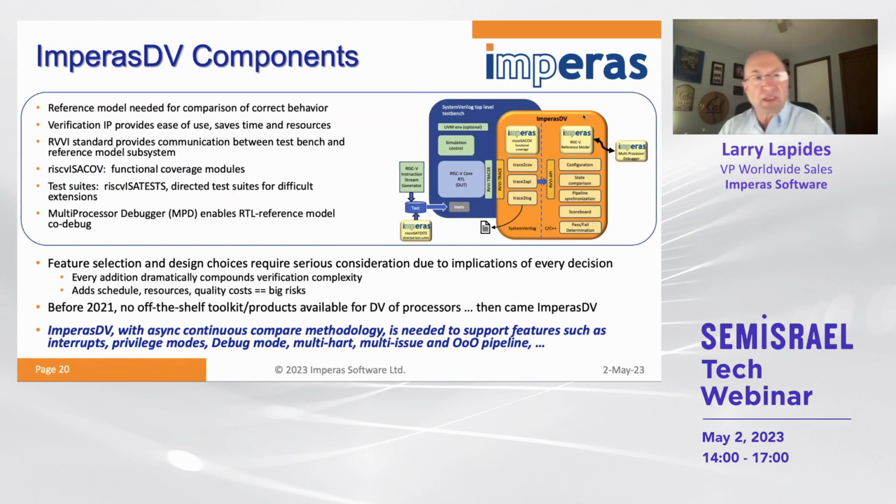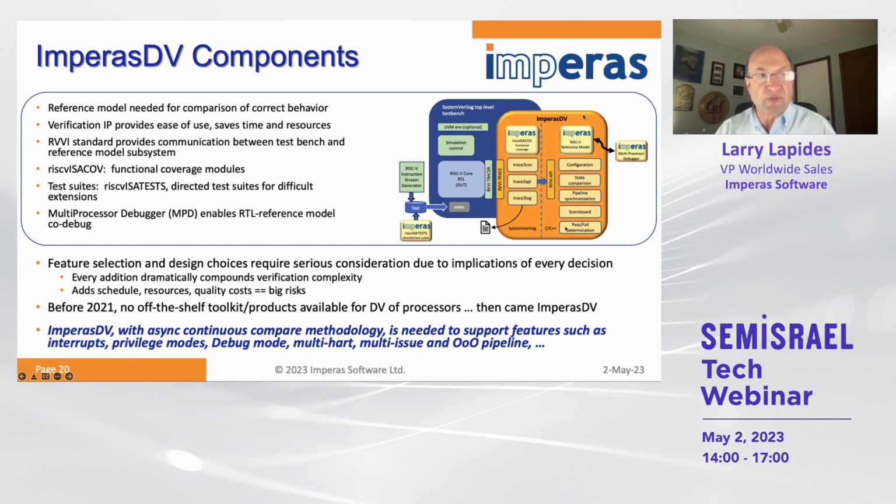So just taking a different look at this, here we've got the reference model subsystem. The RTL is here. Here's that tracer module, and this is built using the RVVI RISC-V verification interface. It's a standard interface for talking between the RTL and the reference model. We see the reference model itself here.